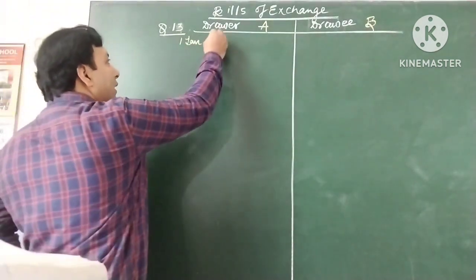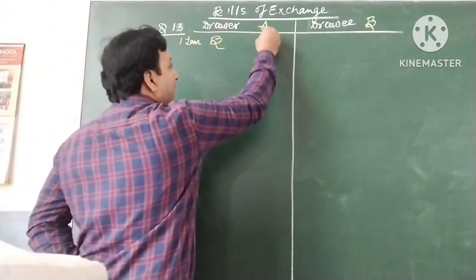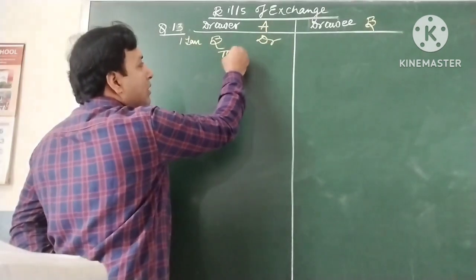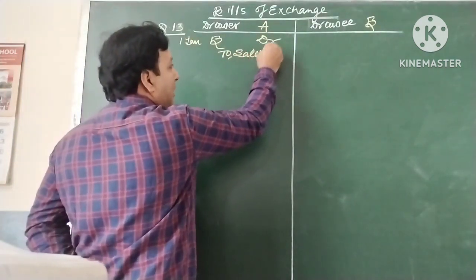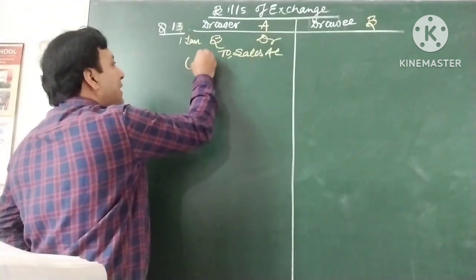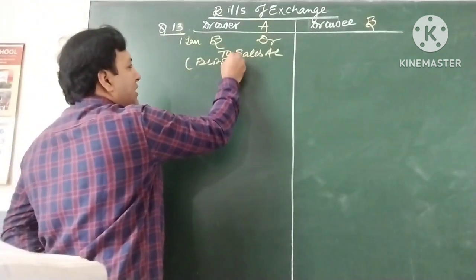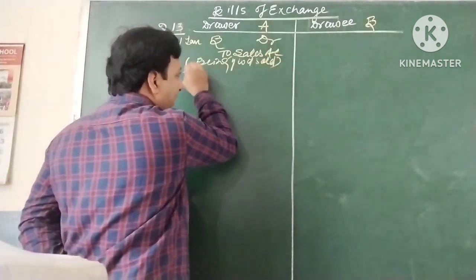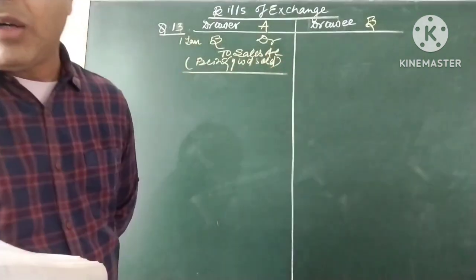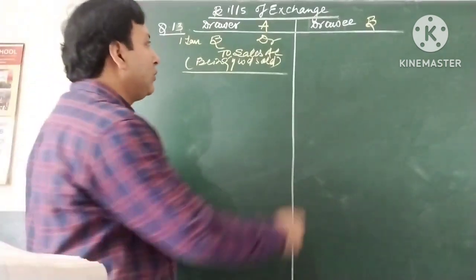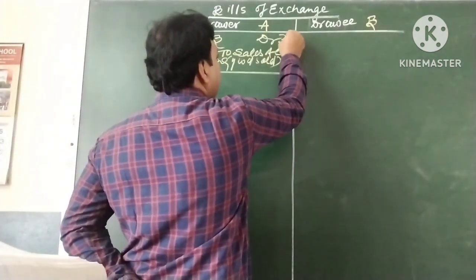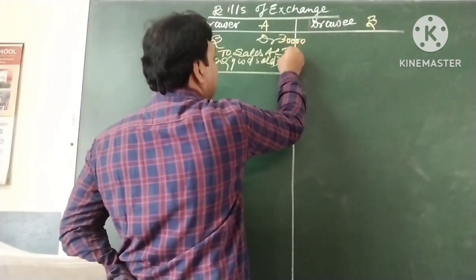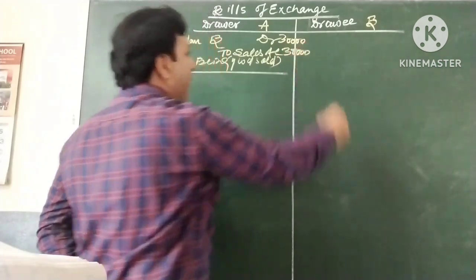So you have to write B debit to sales account. It means goods sold to B. Is it clear? What is the amount given? 30,000 rupees.